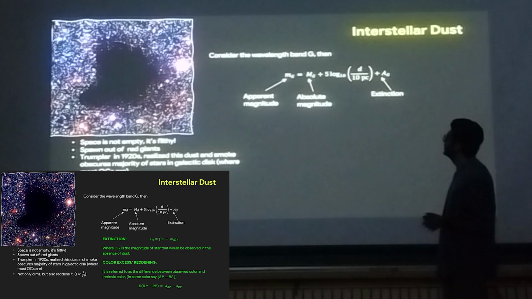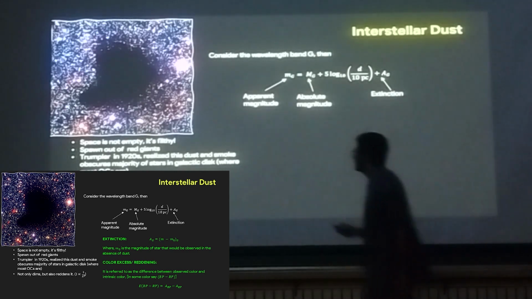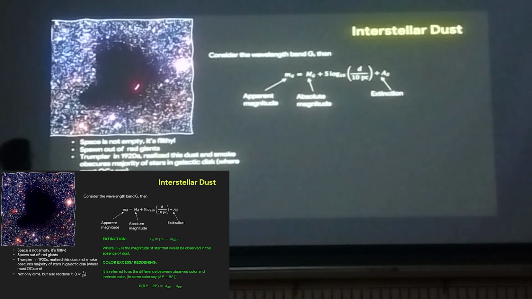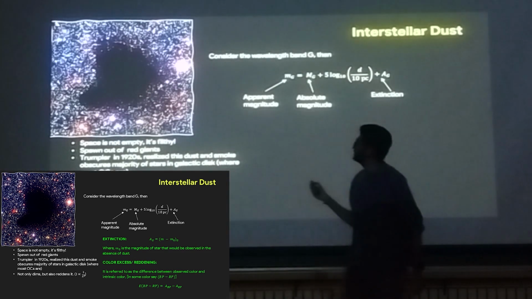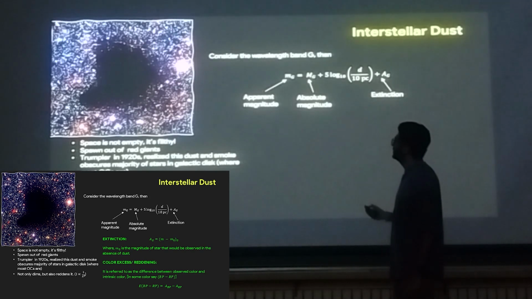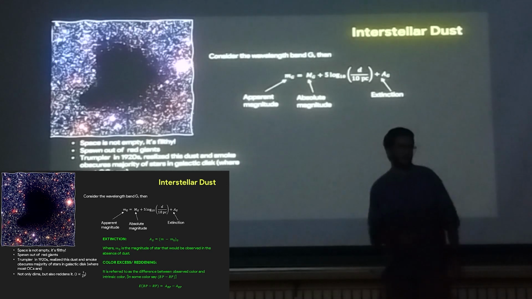So this means blue light, which has a lower wavelength, is scattered highly and significantly, and so you can see the stars which are deeply embedded in this gas and dust appear redder in color, which means the shorter wavelengths are all scattered away, leaving only the redder and the longer wavelengths. If you see this picture in visible light, and then in infrared light, you will see this region is full of stars.